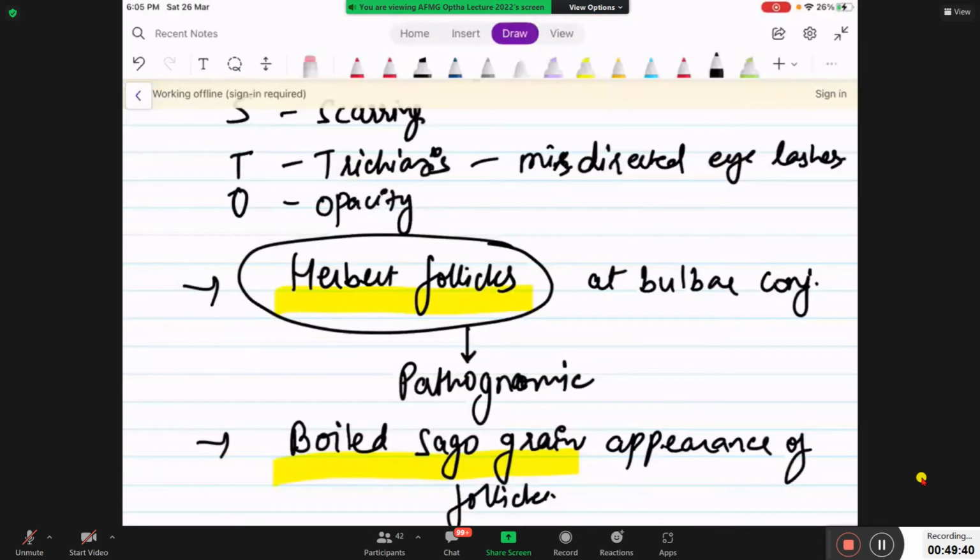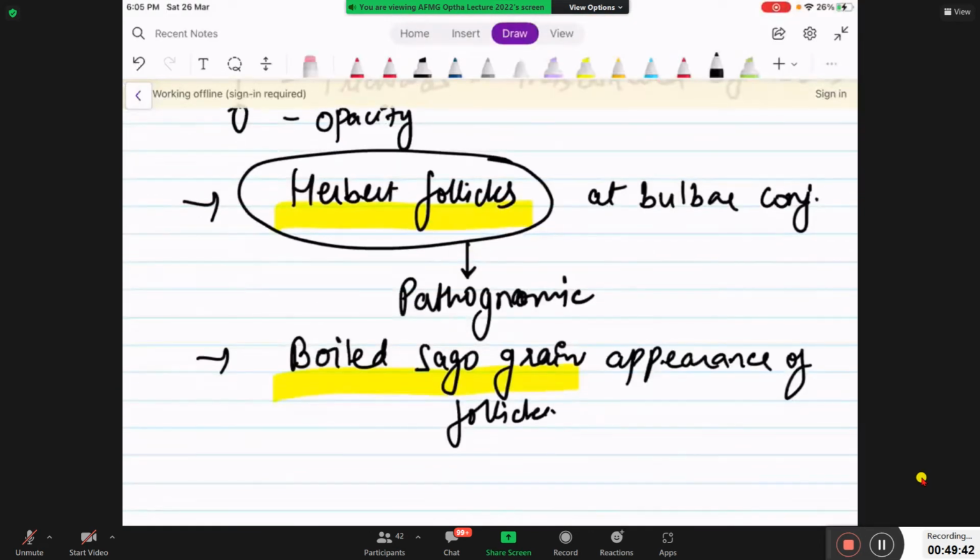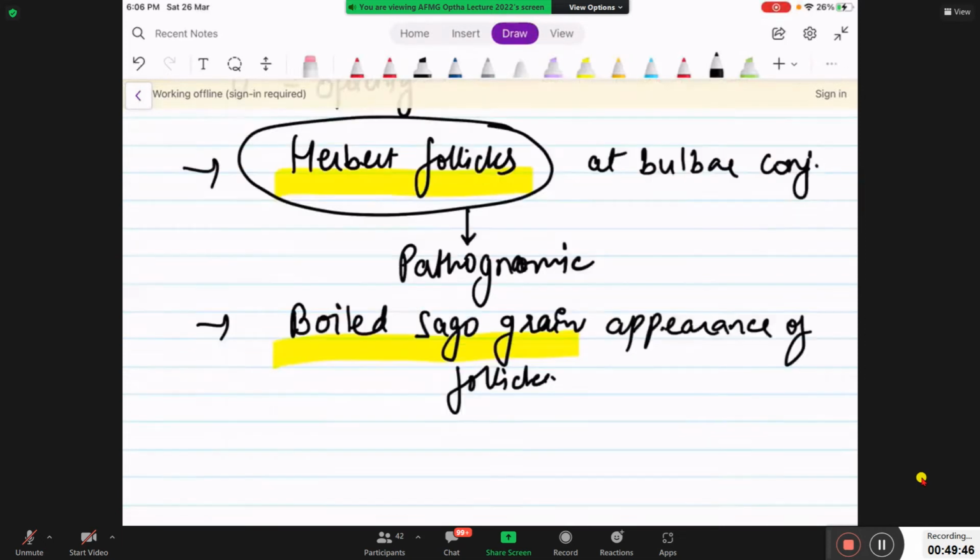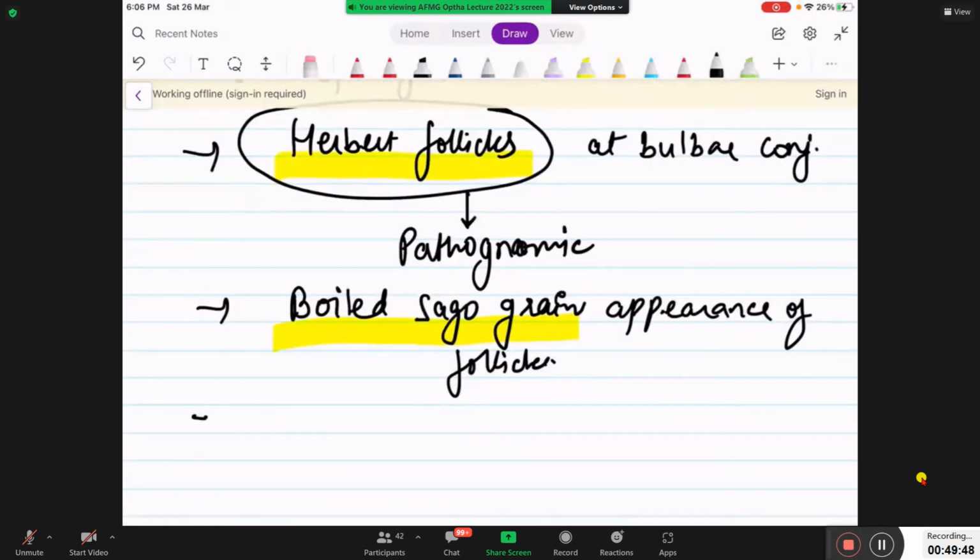Previous slide. Sago grain and Herbert follicles we have studied. Very important. Now, write down next important line. One scarring white line, or scar at which conjunctiva?